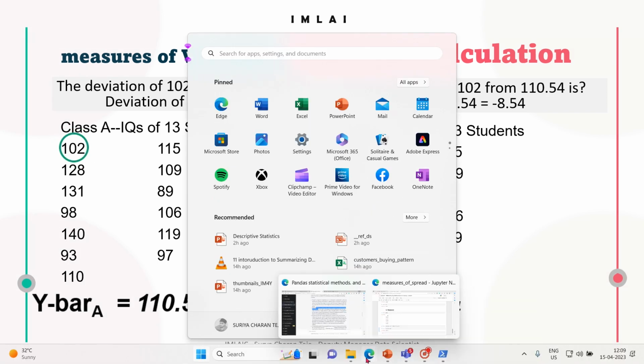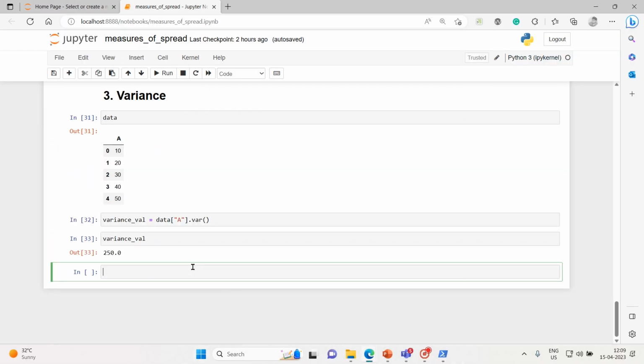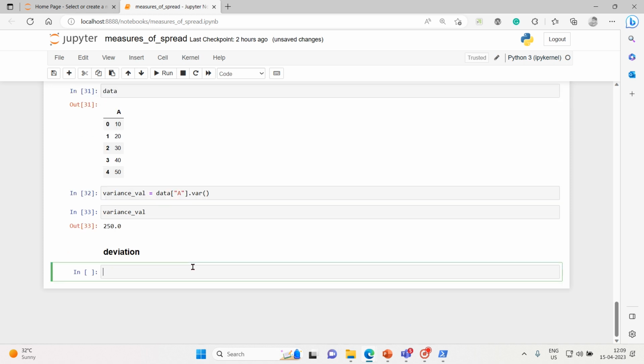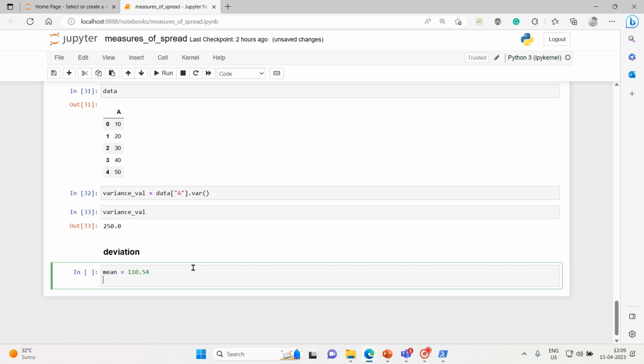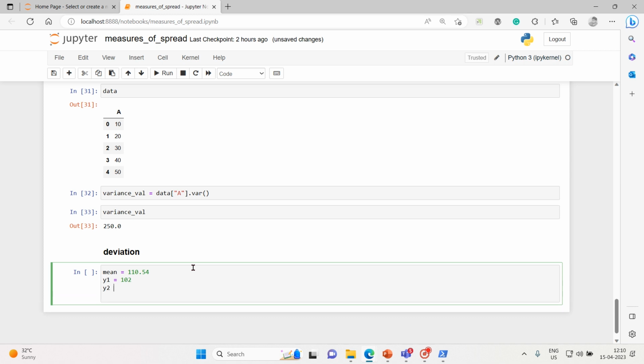Let me put it in here. So let's calculate the deviation. We have the mean equal to 110.54, and we have two individual values: y1 is equal to 102, and y2 is equal to 115.